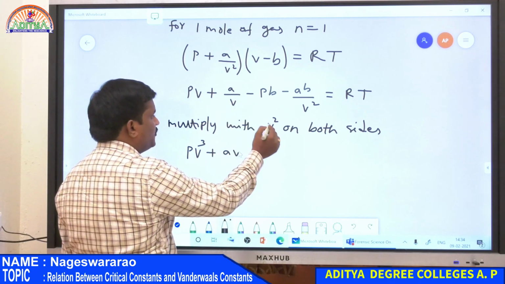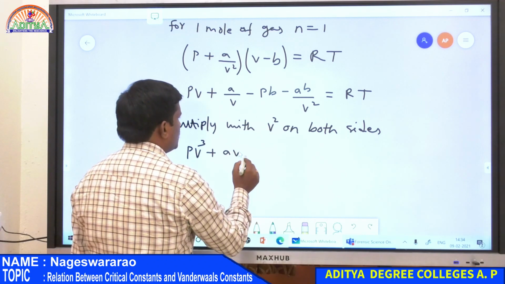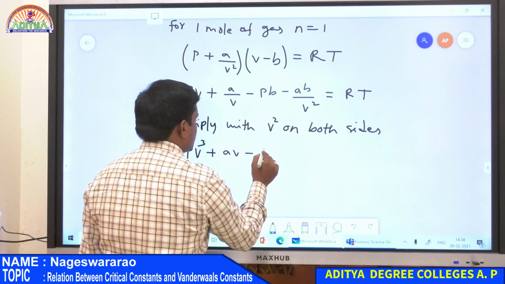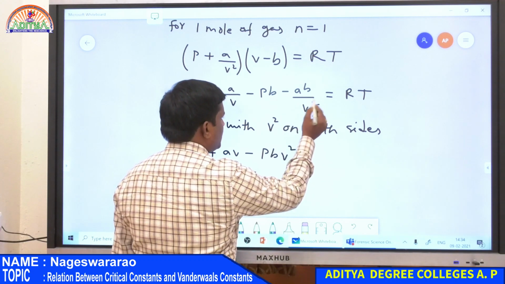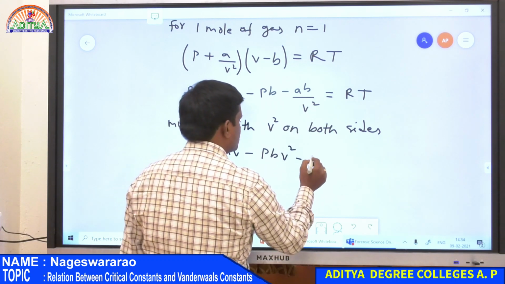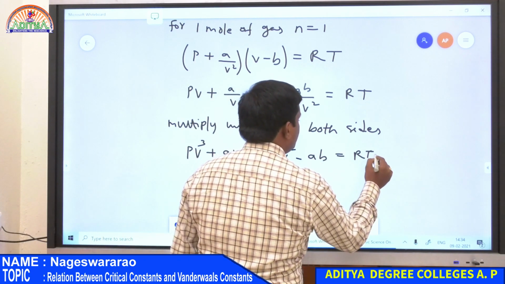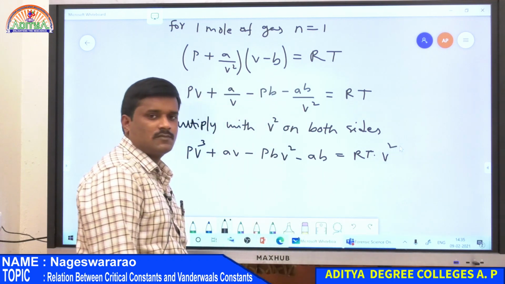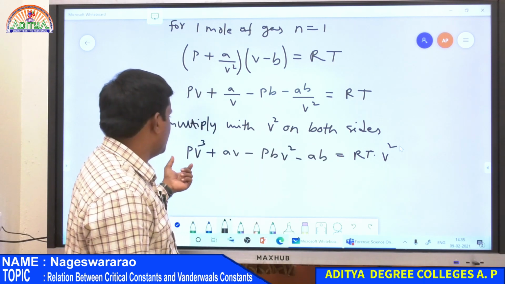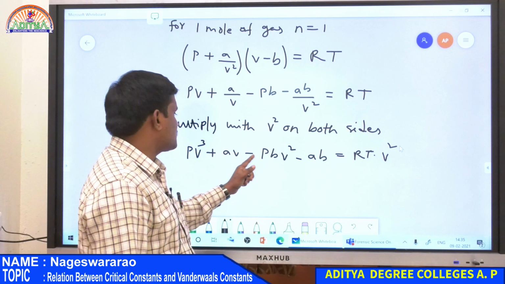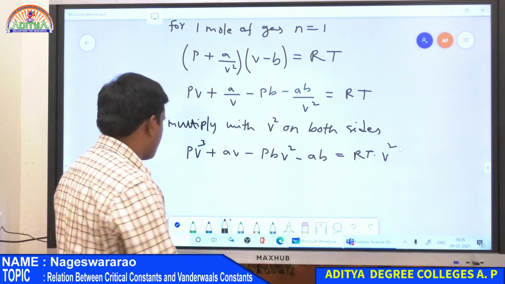Next, minus Pb V square. Next, minus ab by V square into V square, both get cancelled, so minus ab, that is equal to RT into V square. So we get the equation PV cube plus aV minus PbV square minus ab is equal to RT V square.